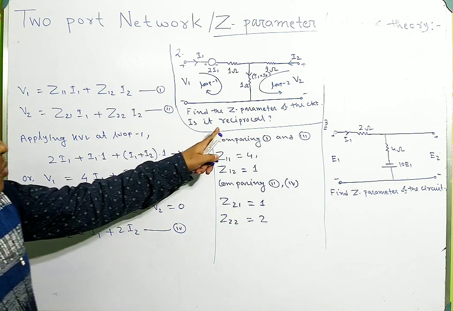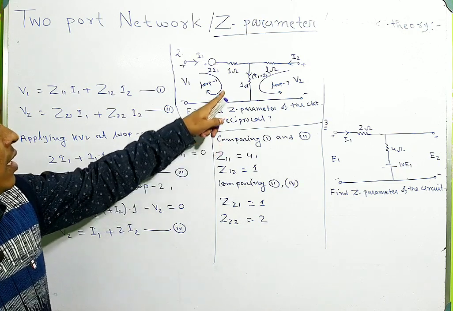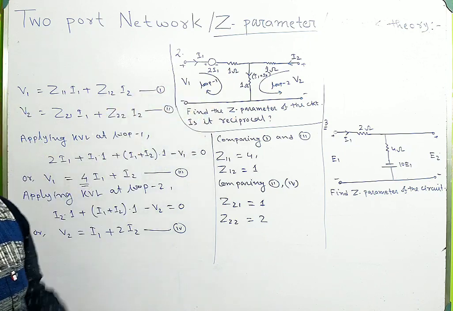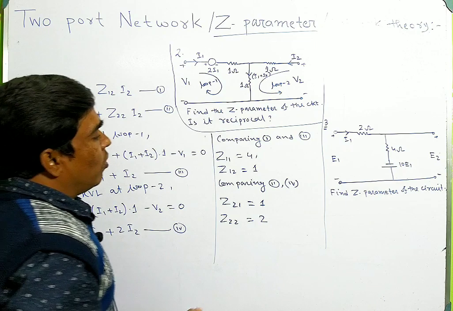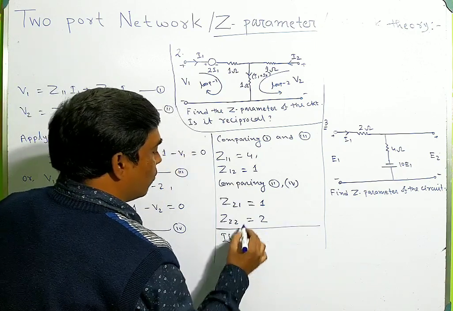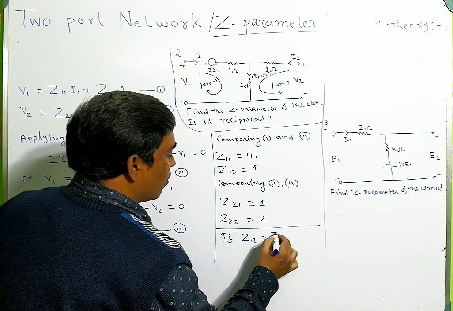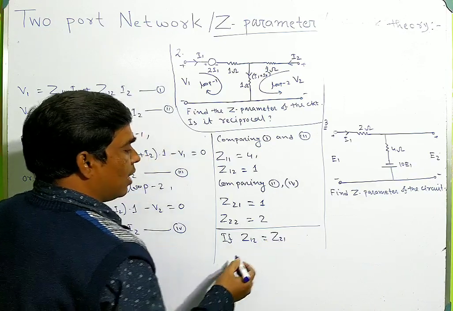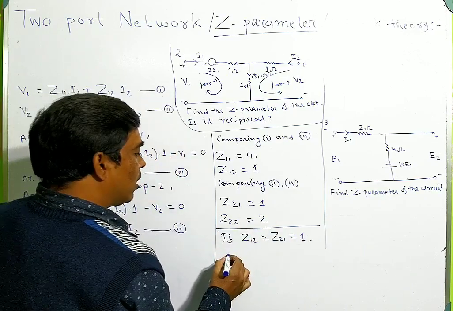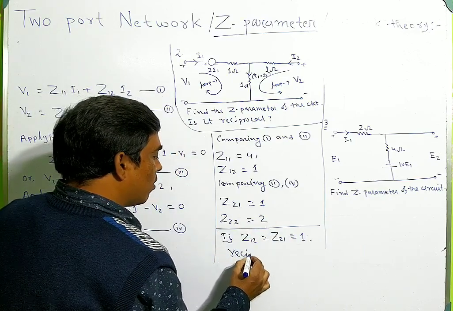Now you have to check whether it is reciprocal or not. If Z12 is equal to Z21, which is equal to 1, then this circuit is reciprocal.